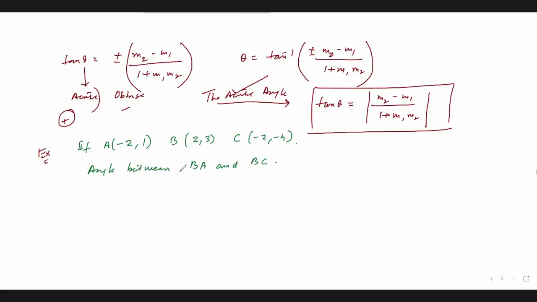If I need to calculate the angle between the BA line and the BC line, what should I know? I should know the slope of BA and the slope of BC.